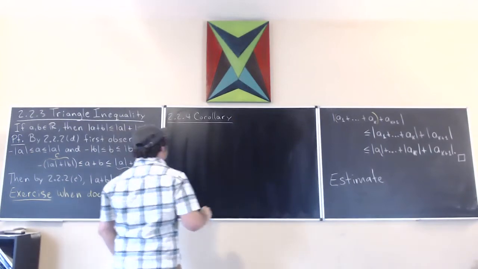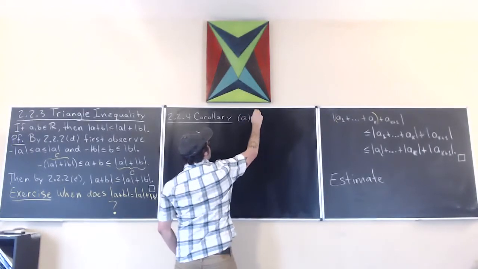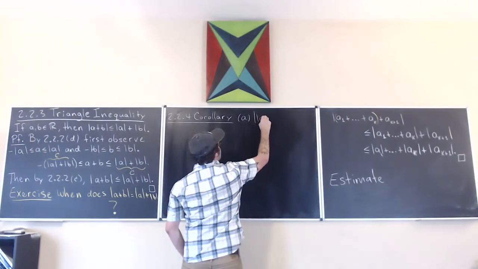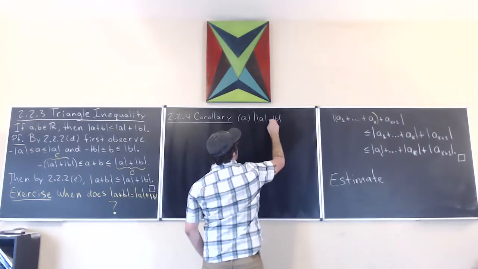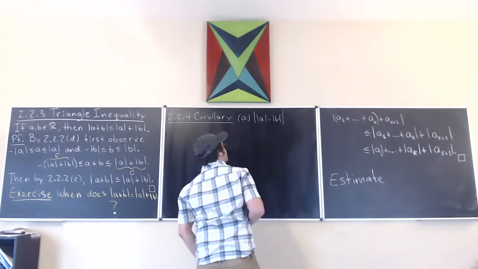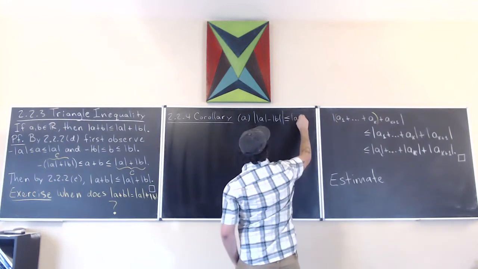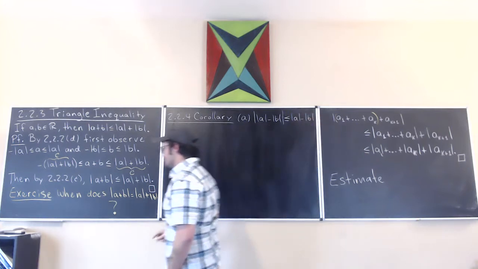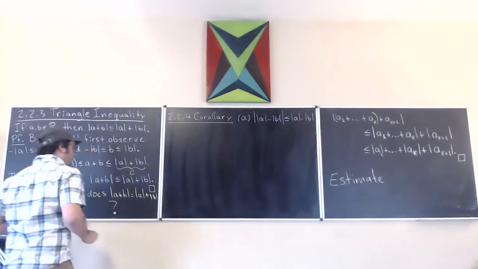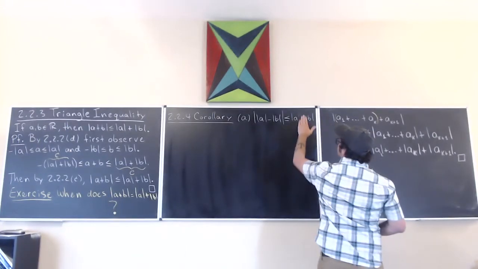And it says first that the absolute value of A minus B, all in absolute value, is bounded below by the absolute value of A minus the absolute value of B. I'm sorry, I needed something off there.